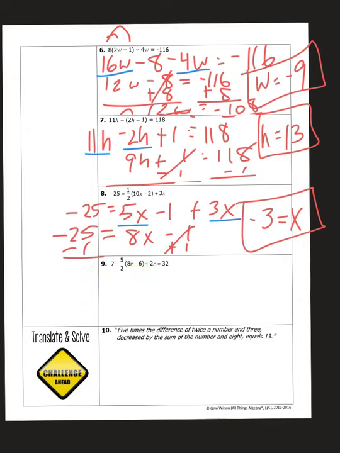Number 9. Distribute the -5/2. So I'm going to do a little work here just showing you how to multiply fractions in case it's something you struggle with or you want to learn how to do it without using the calculator.